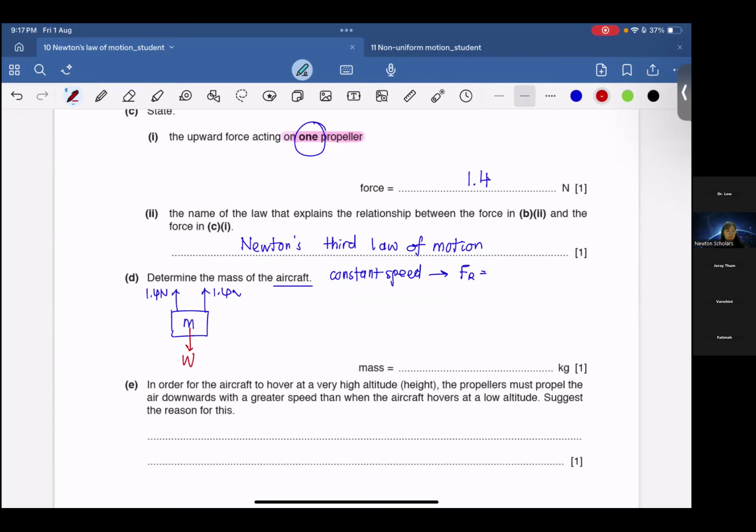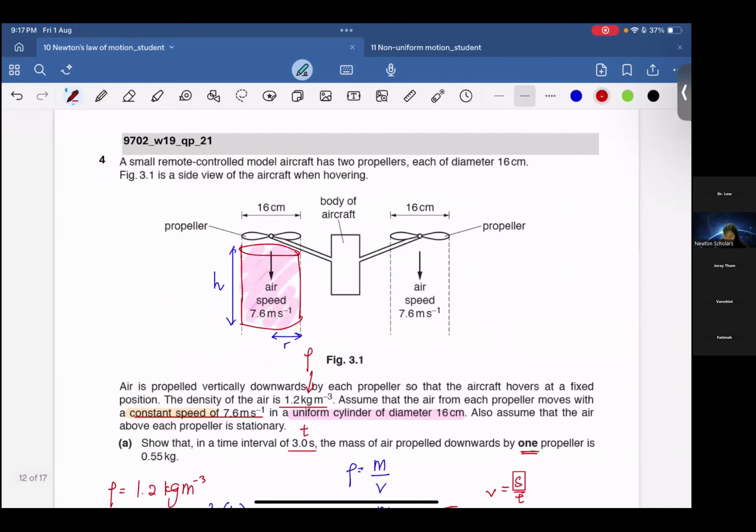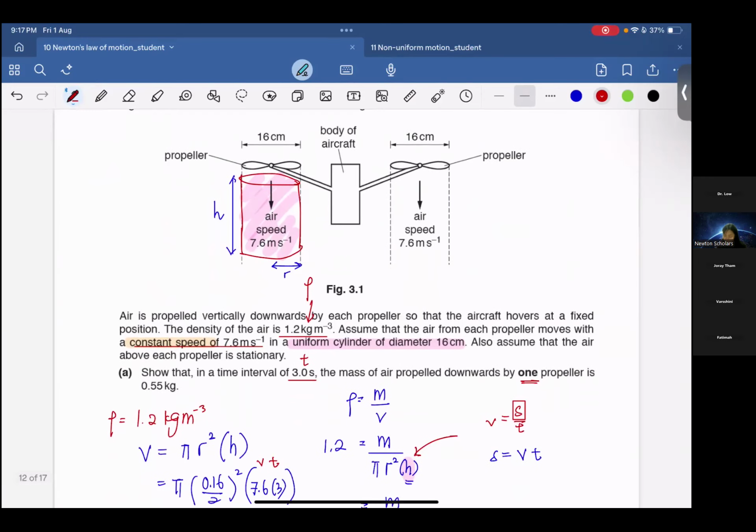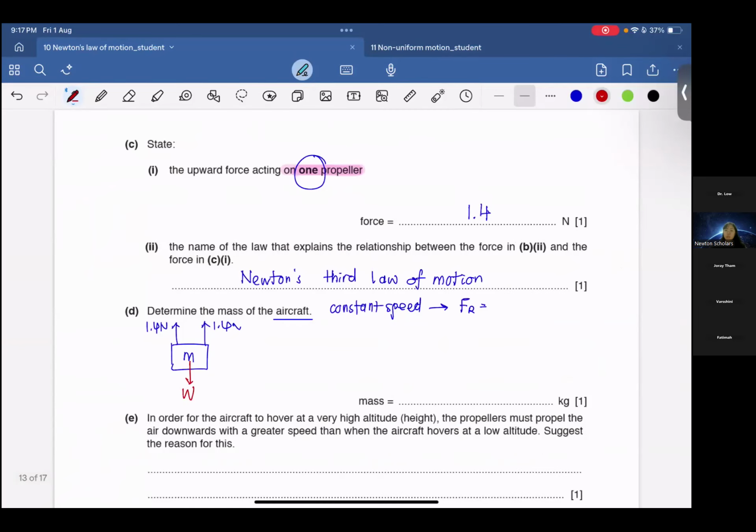Phá got the answer already. How about the others? Keyword here: the propeller moves with constant speed. This motion is constant speed. Constant speed means that the force is balanced. Correct, correct.